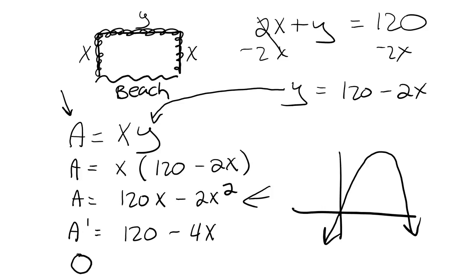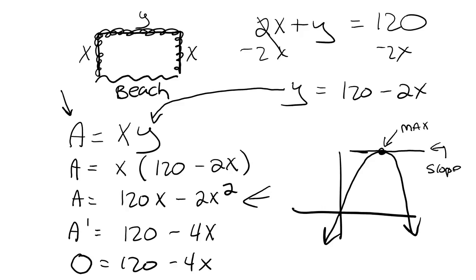So if we say that the derivative is 0, what we're really saying is we want to know when the slope is 0. And if we have a parabola shape like this, the slope of the line tangent to the curve is 0 when it's at the maximum value here. So that's the max value, and you can see for this line, the slope of that is 0. That's why we set the derivative equal to 0. We want the slope of the line tangent to the curve to be 0.